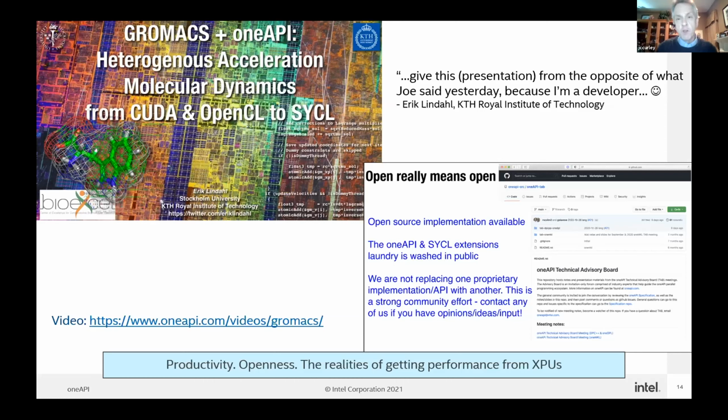He said, I'm a developer, I love your vision, but I need something that works. And he gave a very, very honest assessment of where we were in the beta as of November of last year: what worked, what didn't work, what things you would write for the GPU, what you would reserve for the CPU, and how to think through the problem for a massive code like GROMACS.